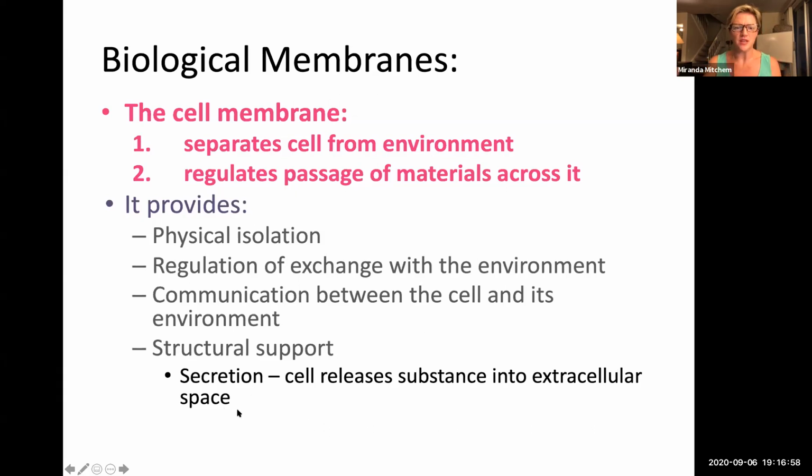Not as much as we see, say, with a cell wall in a plant. That would be very rigid. But the cytoskeleton does provide the appropriate amount of support for the cell. And also some cells are involved in the secretion of materials. And secretion is when movement of anything happens towards the outside of the body, so from the cell outward.